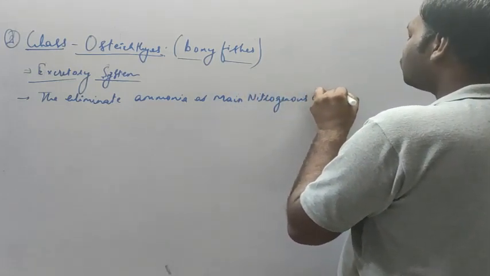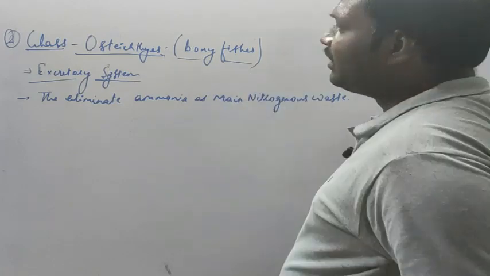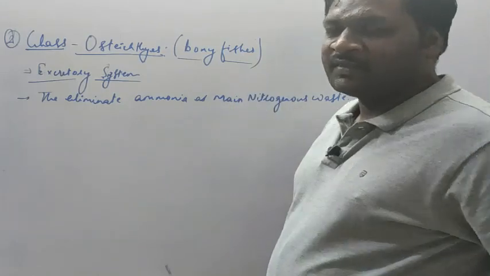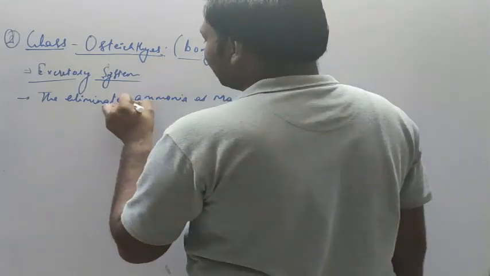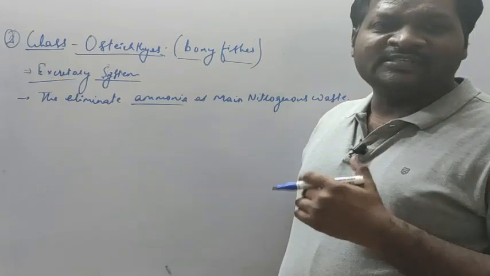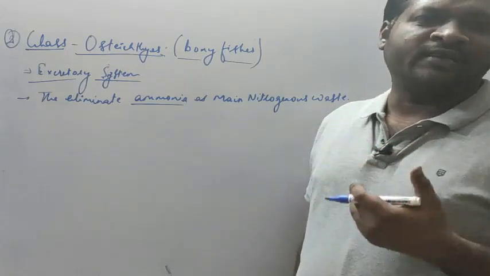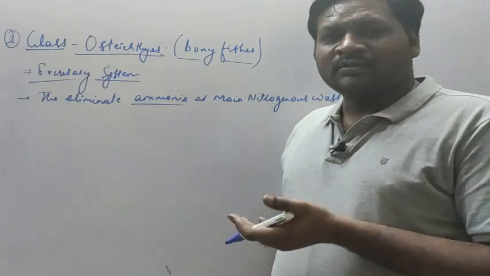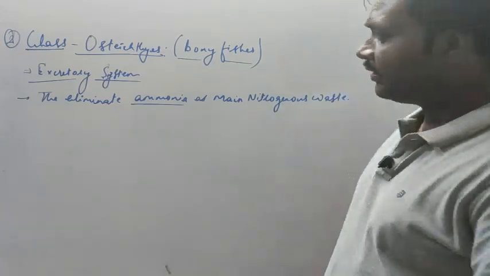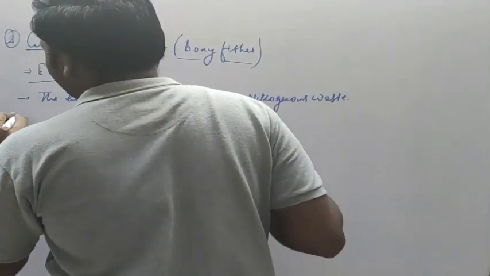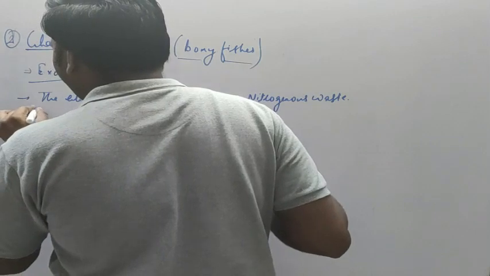Whatever waste is released by the excretory organs of bony fishes is ammonia, which is more concentrated, and for removal of this nitrogenous waste the water is required in high amount. So these fishes can dissolve this ammonia into the water very easily. So the excretory substance is ammonia. The next characteristic feature is about body temperature.